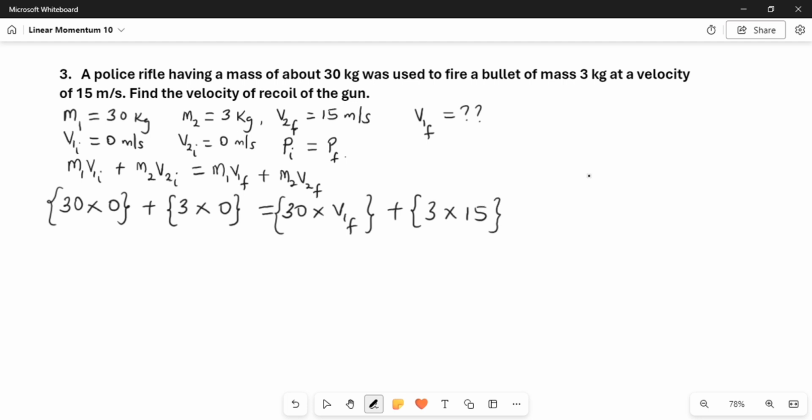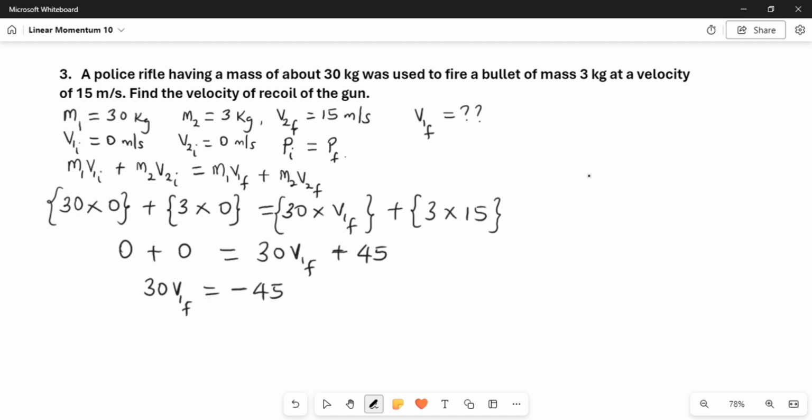So if we evaluate, this will be 0 plus 0 is equal to 30 times v1F plus 15 times 3 is 45. So we say 45. Of course, we can then say 30 v1F is equal to minus 45.